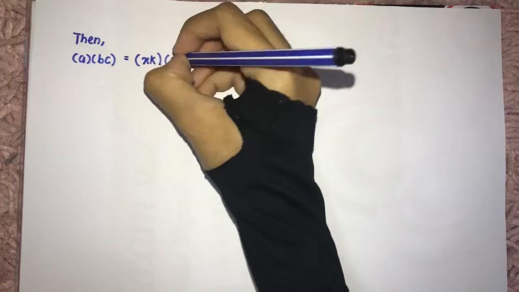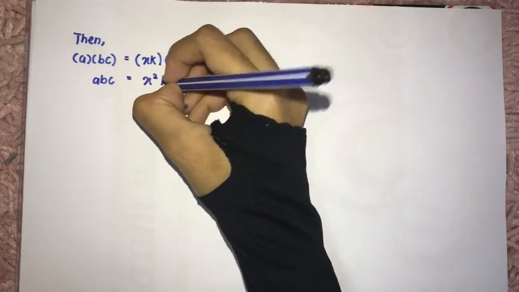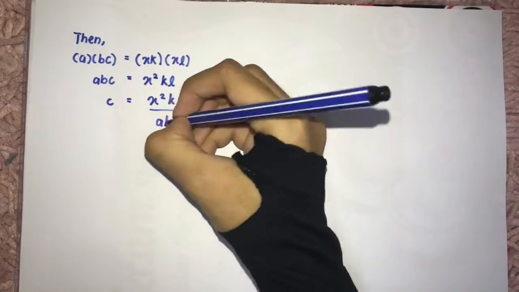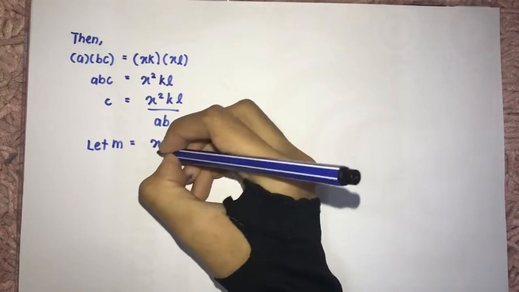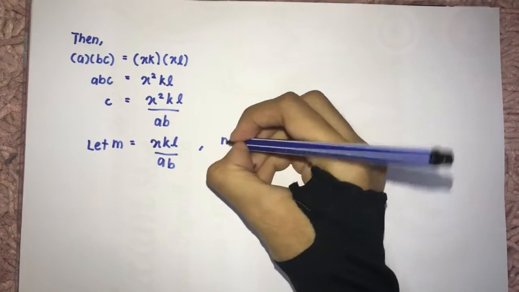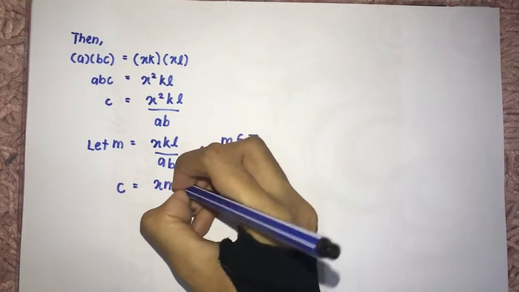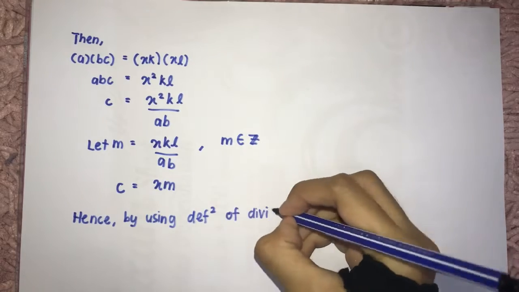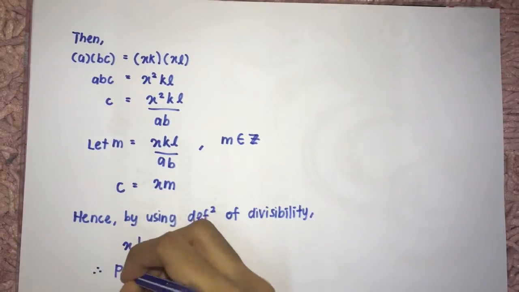Then, a times bc equal to xk times xl. abc equal to x square kl. c equal to x square kl over ab. Let m equal to xkl over ab. m is an element of integers. c equals xm. Hence, by using the definition of divisibility, x divides c. So, it is proven.